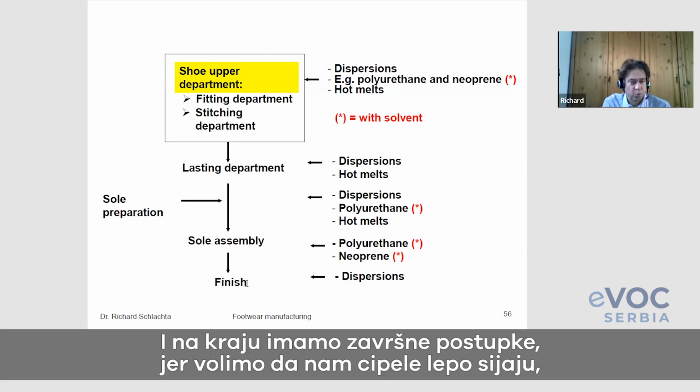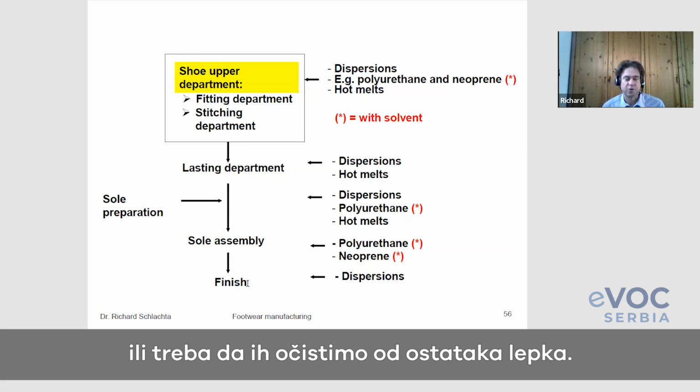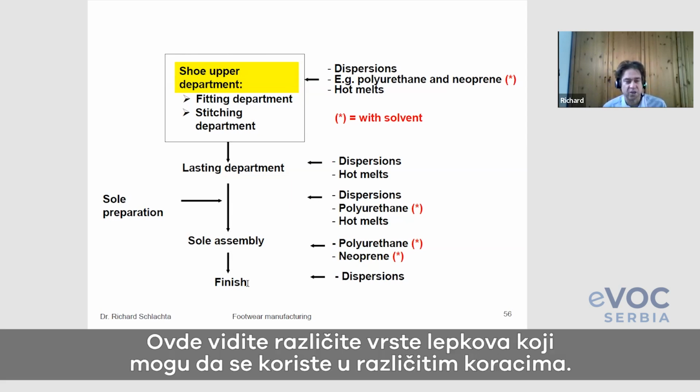Finally, we have some finish operations, because people like it if the shoe has a nice shine, and of course you may have some rests from the glue, so somebody has to take away those rests of glue. So you have what is called finish, and here you always see the different types of glues that are possible for the different steps.